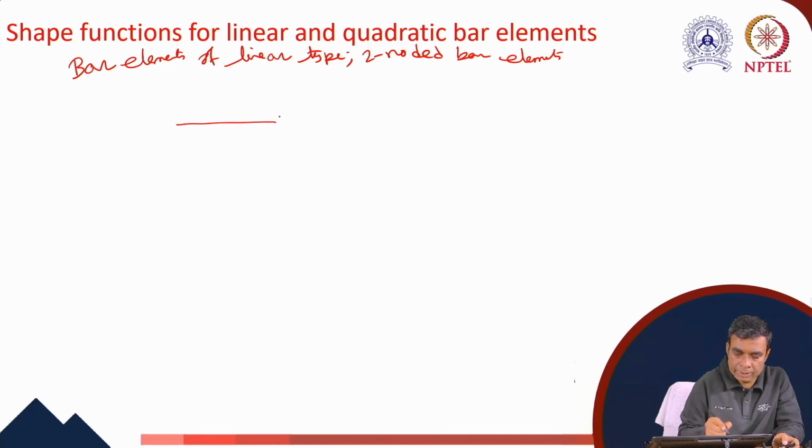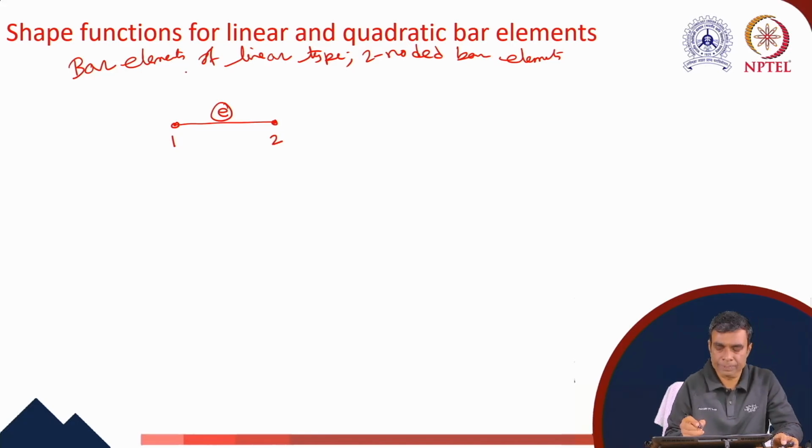So this is an arbitrary element E which has 2 local nodes, 1 and 2.